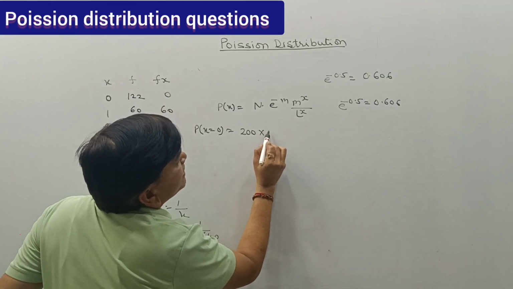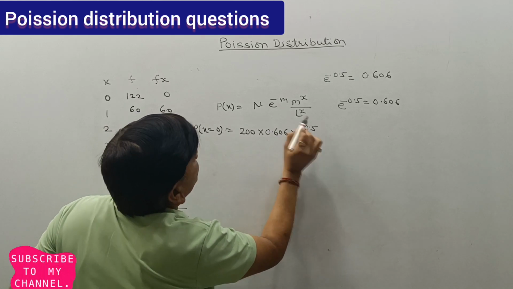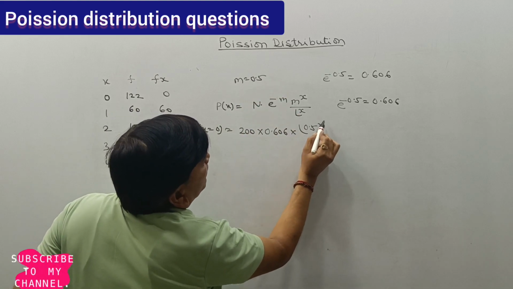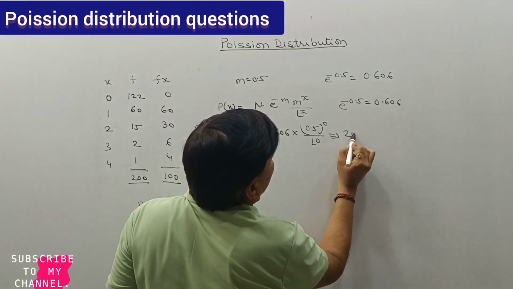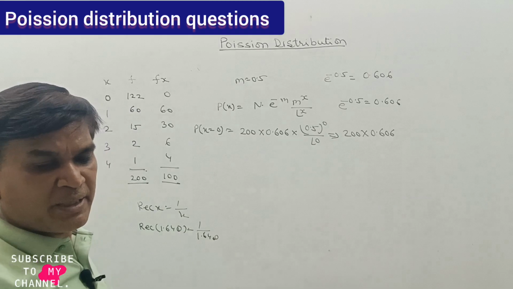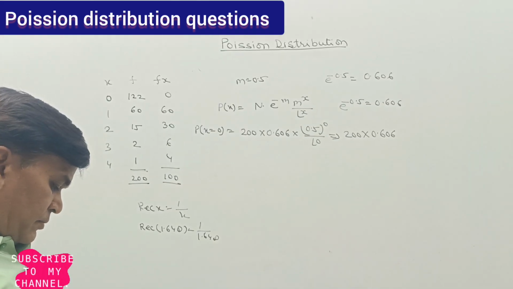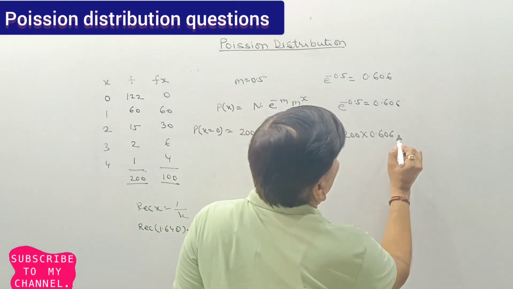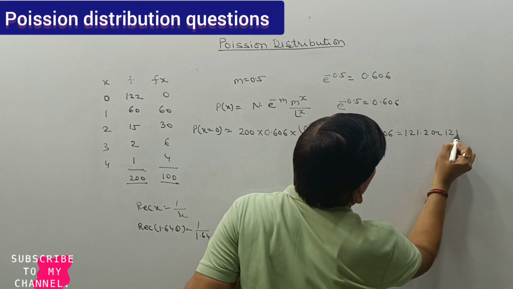Multiply this by 0.606, and multiply by 0.5 raised to power 0 divided by factorial 0. So first it will be 200 multiplied by 0.606, so the first value will be 121.2, or we will write 121.